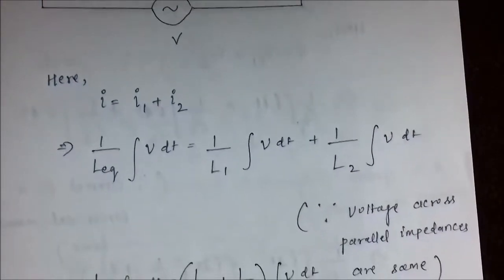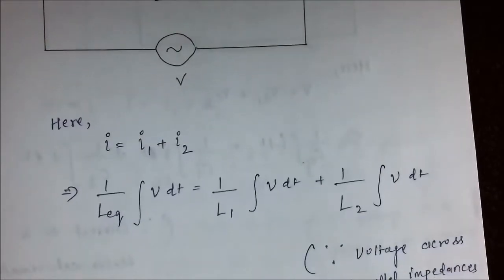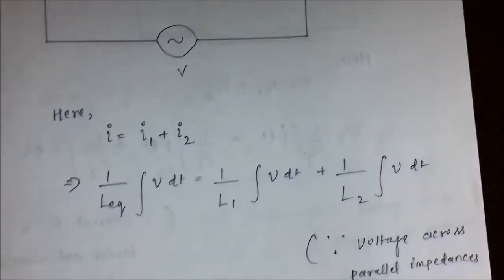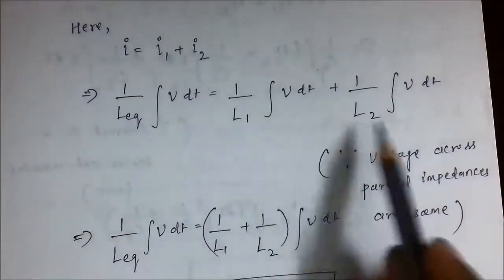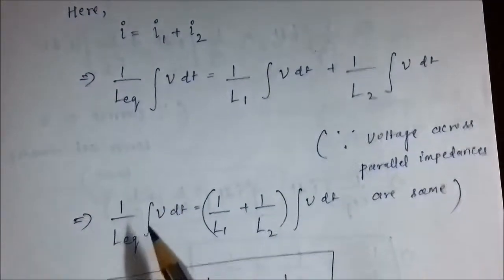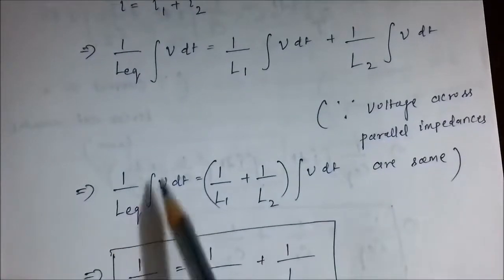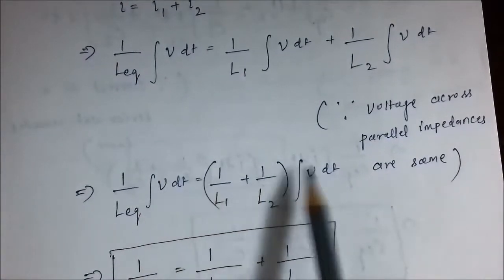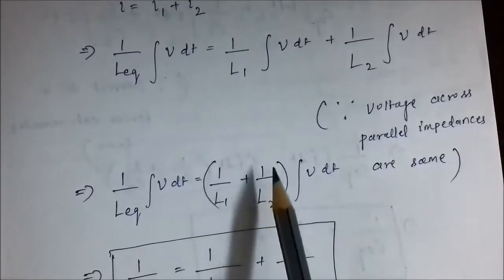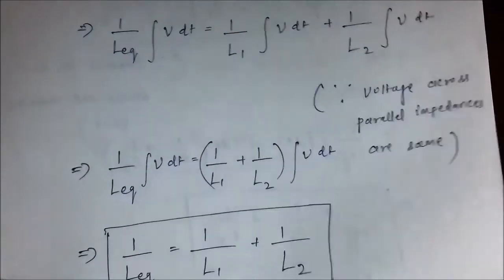Now here the V remains the same as the terminal voltage across these two inductors are the same as they are connected in parallel. So in this expression the integration of V dt becomes common. So we can write 1 by L equivalent integration of V dt is equal to integration of V dt common into 1 by L1 plus 1 by L2.